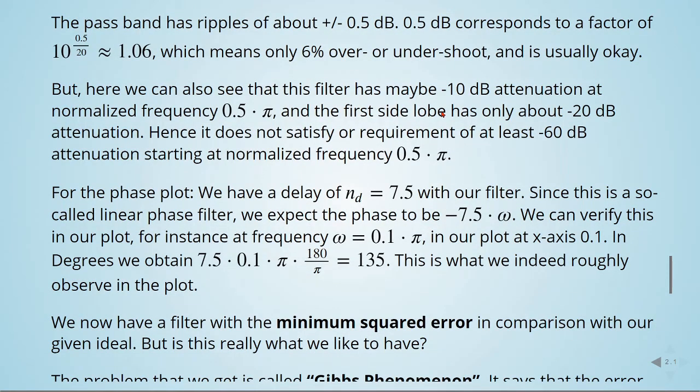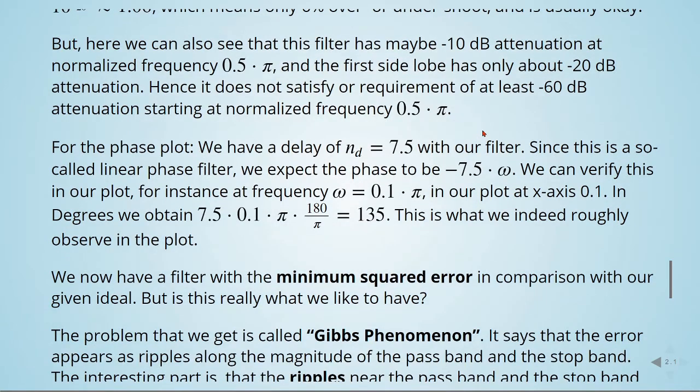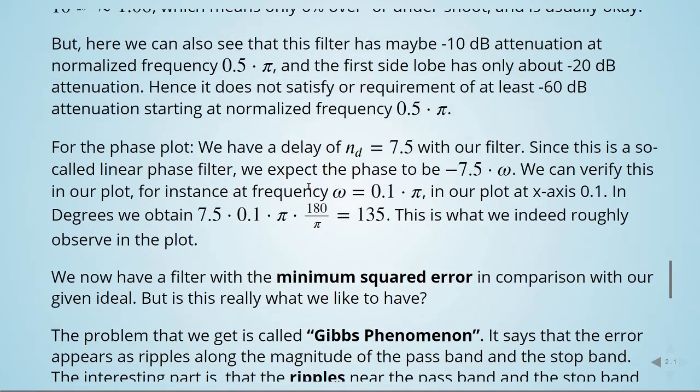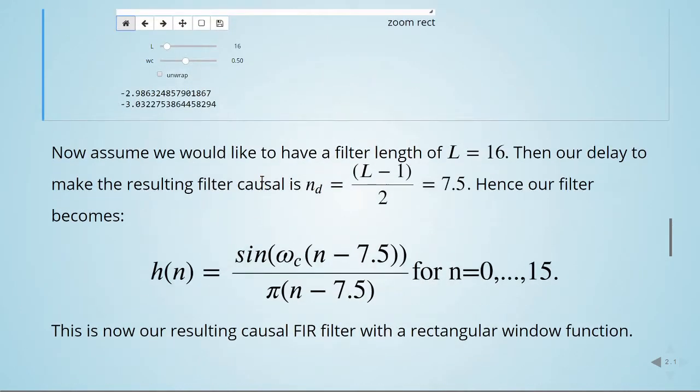For the phase plot, we have a delay of 7.5, and this is a linear phase, so we expect the phase to be minus 7.5 times omega. And we can verify this in our plots. For example, if you take a certain frequency, say 0.1, you obtain 7.5 times 0.1, and then multiplying by 180 divided by pi gives more or less 135.